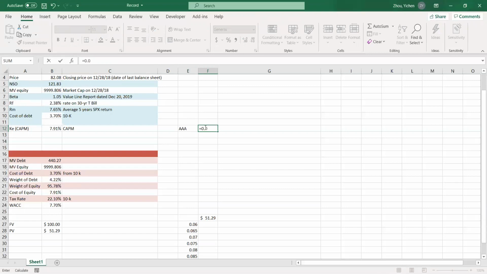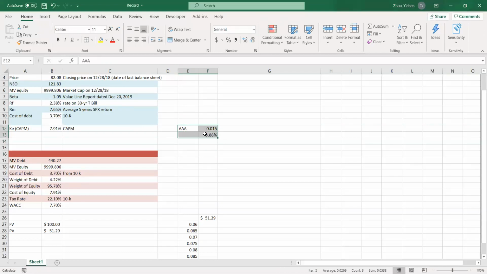Let's say its bond spread is about 0.5%. Then you add this bond spread to the risk-free rate, and you could get the cost of debt. But if you cannot find this bond rating here, you could always use the interest expense divided by the total debt.